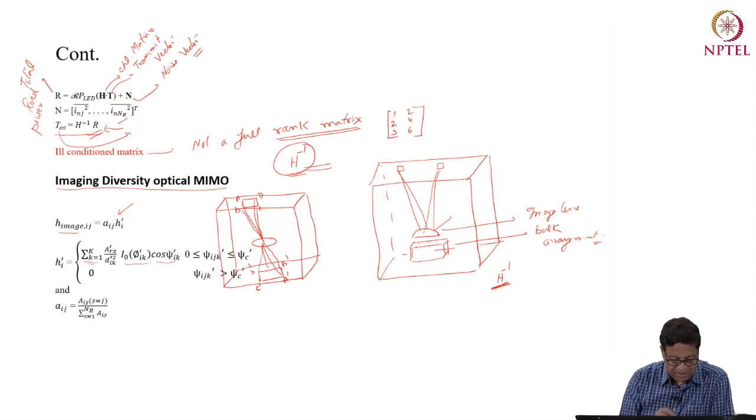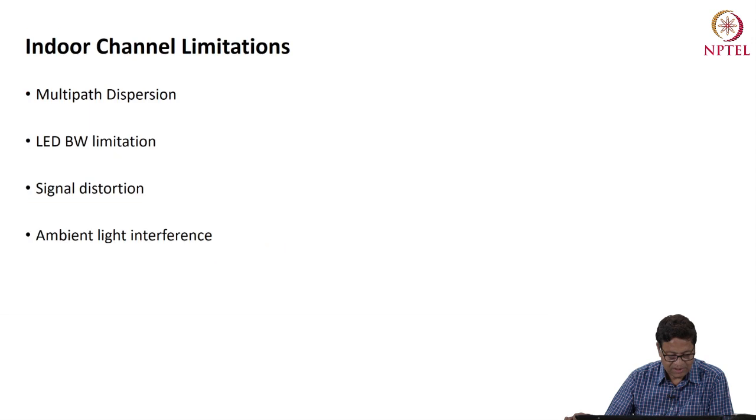Aij is the total area falling on the jth detector as compared to the total area. So this Aij is defined in this way, and the H image for the image diversity is Hij into Hi prime. So this is how it is modeled.